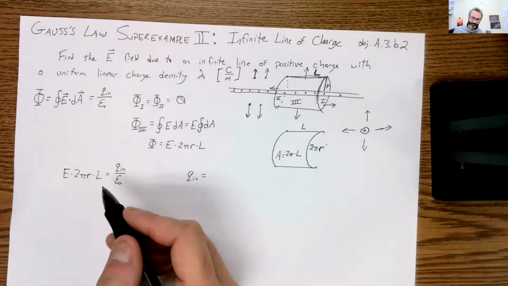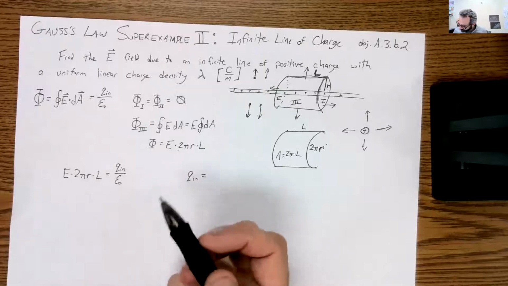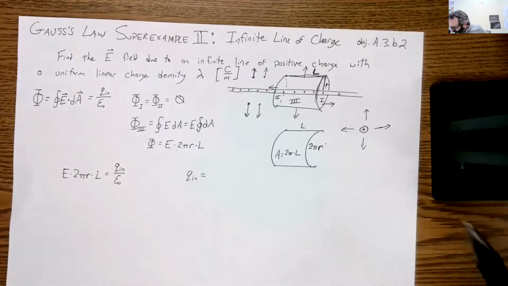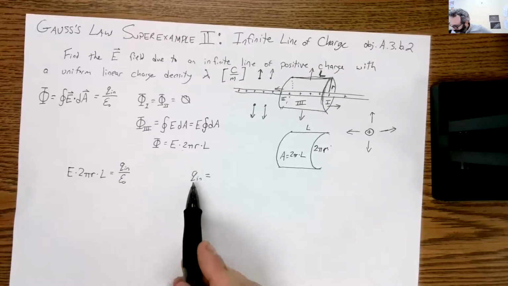Okay, so wouldn't you just divide by L on both sides to cancel it out? Oh, you don't want the L in general. Okay, well, I can try that, and that will probably get us there, but we should be able to figure out what the enclosed charge is.